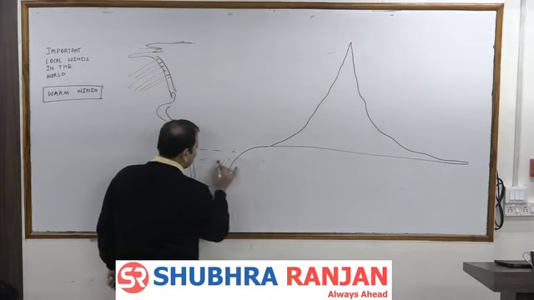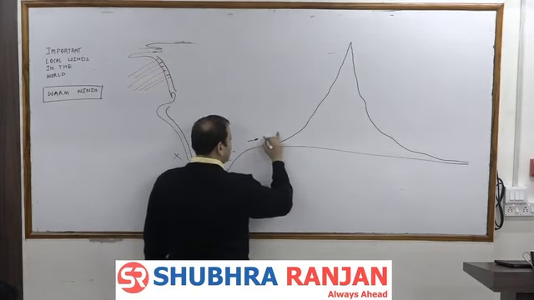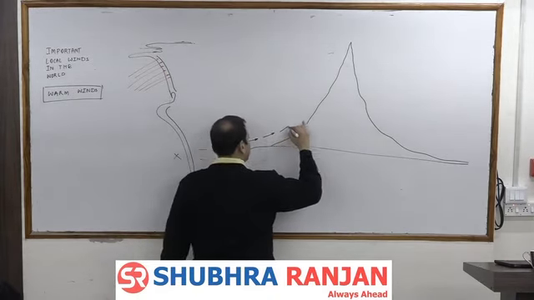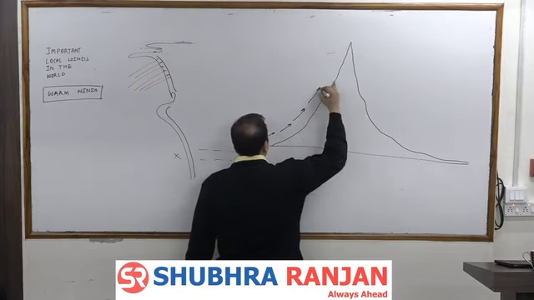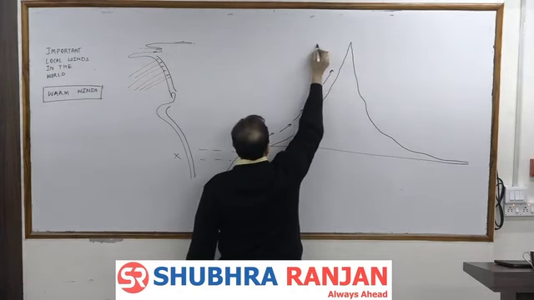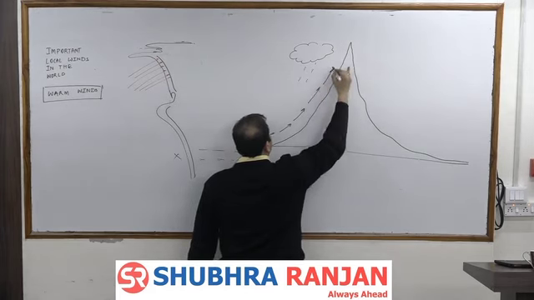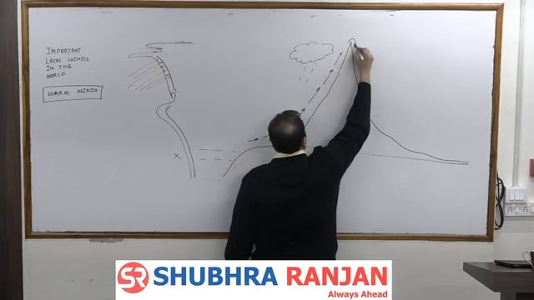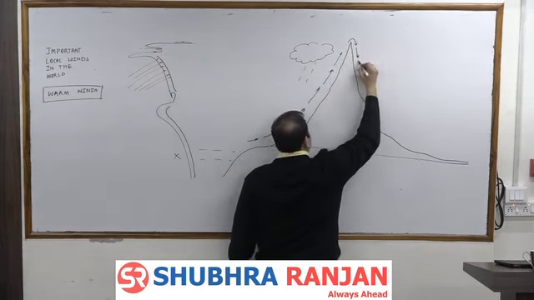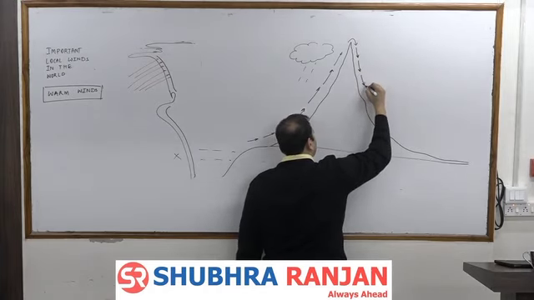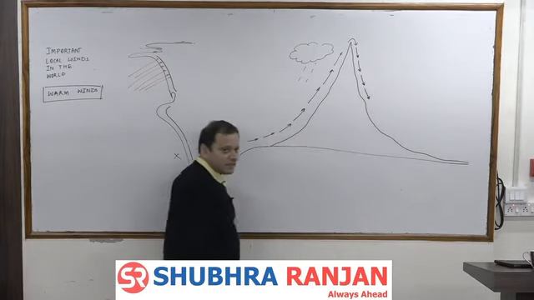So understand here, the wind is forced to rise up. कौन सी winds? The westerlies. And these winds, when they go on the western side, obviously they will give very heavy rainfall here. But when they cross this and then when they come down, will the temperature increase?